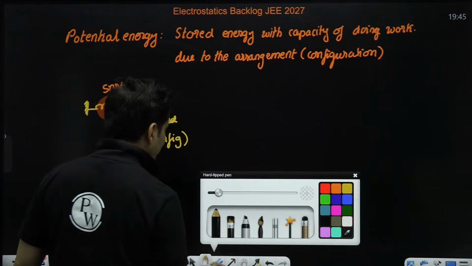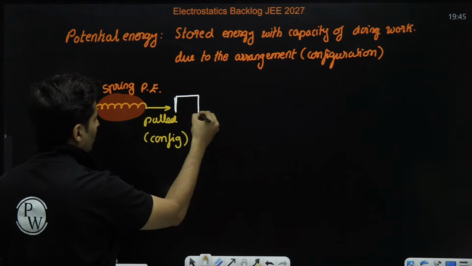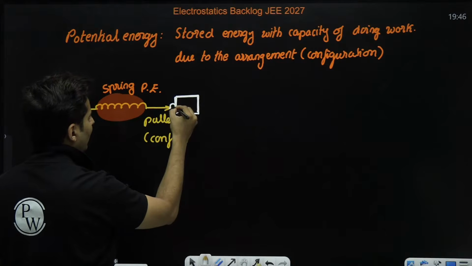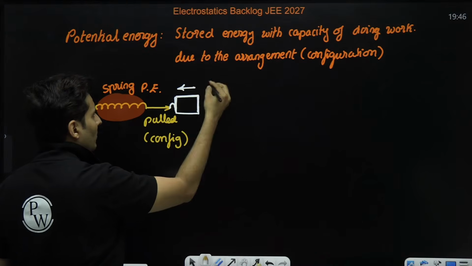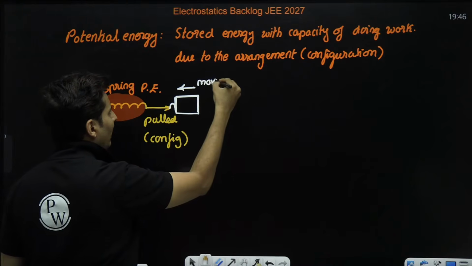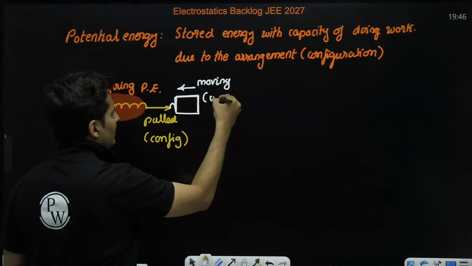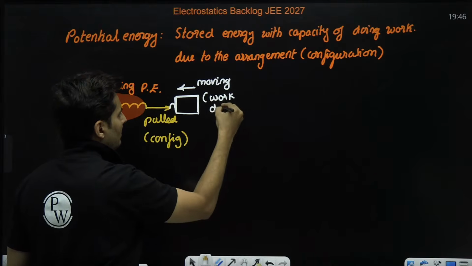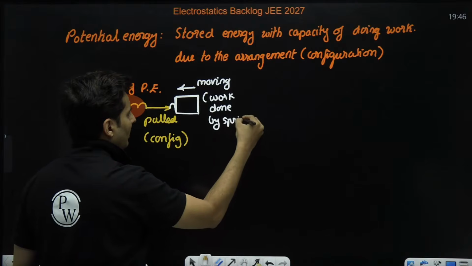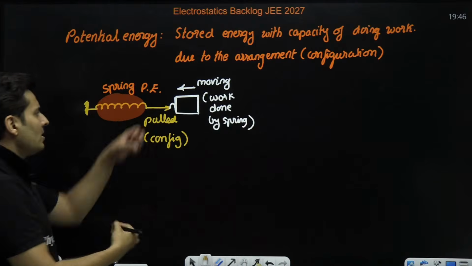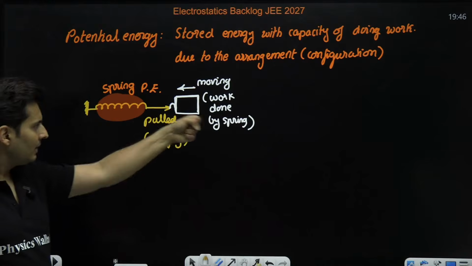So if I attach it to a block or something, then it moves. It starts moving, and this is the work done by the spring. It has started moving because it was pulled, and it will start pulling it.